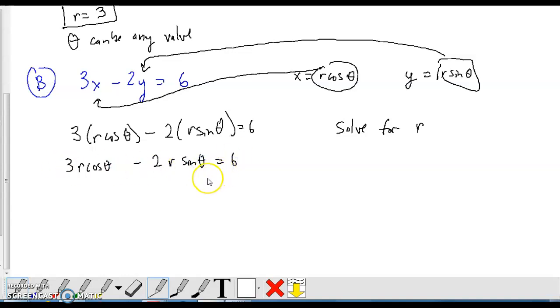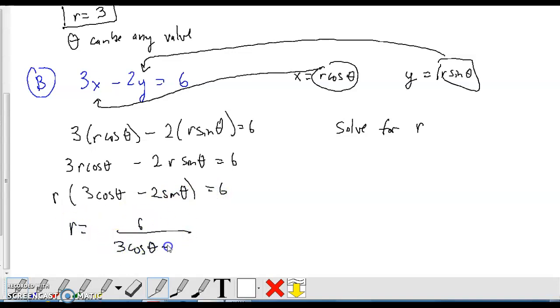What do they both have in common? The r. So let's pull out the r: r times (3 cosine of theta minus 2 sine of theta) is equal to 6. So r is equal to 6 over (3 cosine of theta minus 2 sine of theta). That's essentially all we're doing.